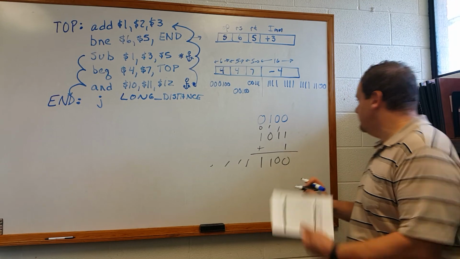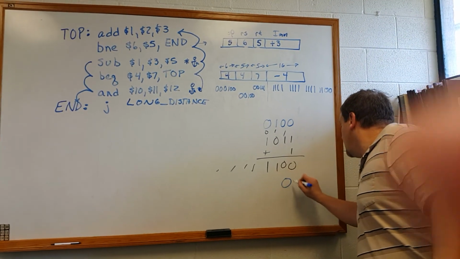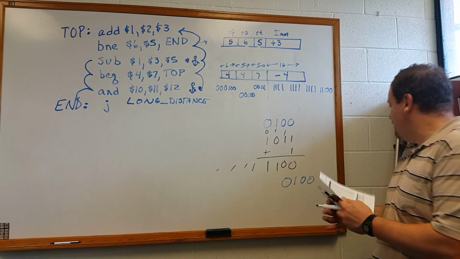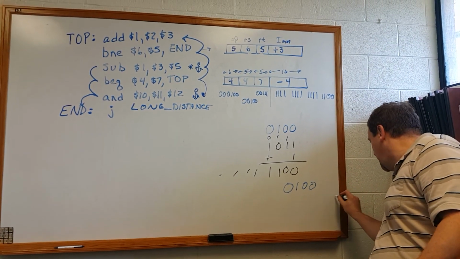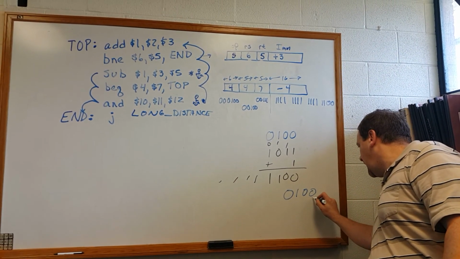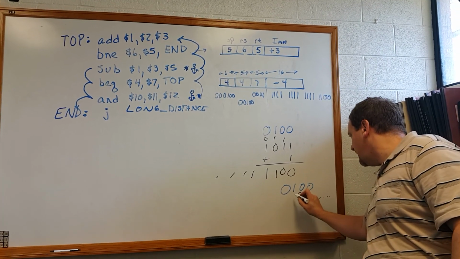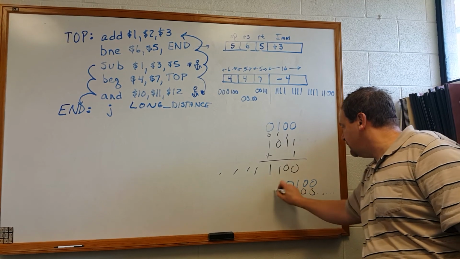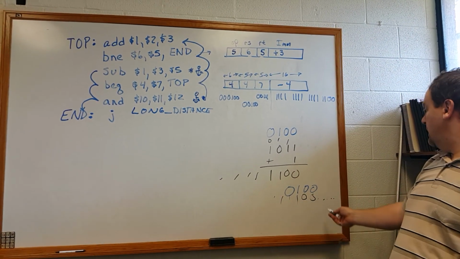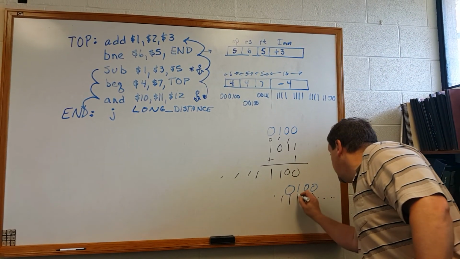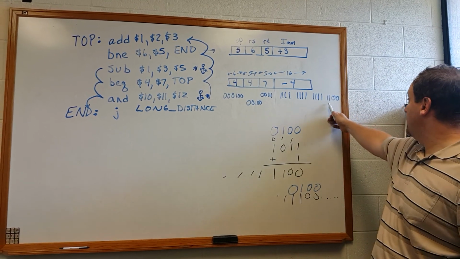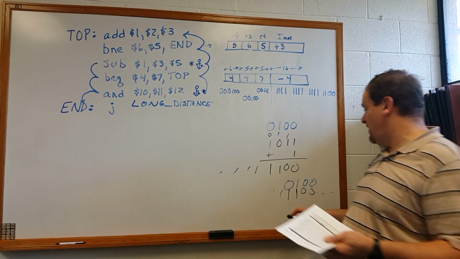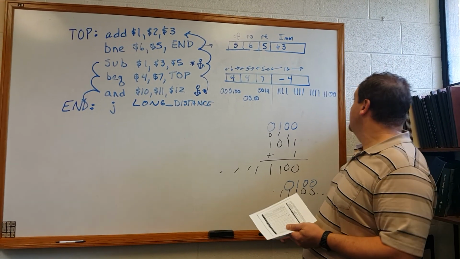The other way is to take 0, 1, 0, 0, and I keep the zeros. I start marching this way, and I keep all the zeros until I hit the 1. I keep that 1, then I invert all the rest of the bits. And so here I get 1, 1, 0, 0. Those are the 3 different ways to do 2's complement negation.